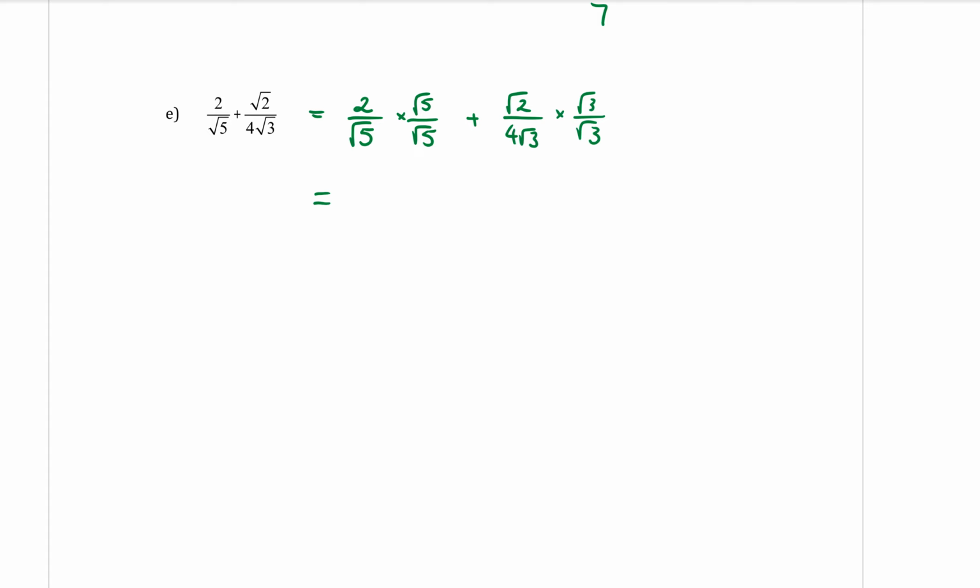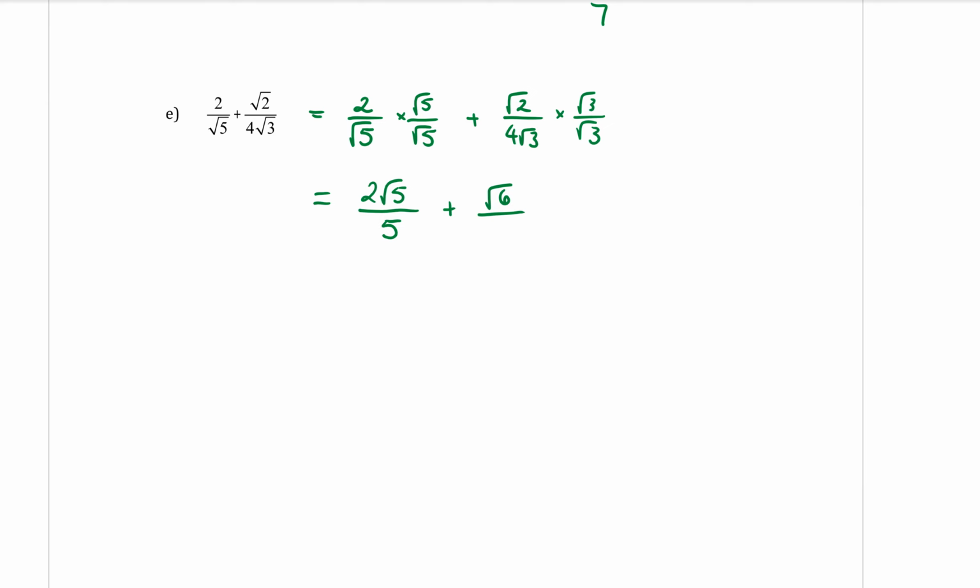Now, taking the first part, I'm going to multiply those fractions together. 2 times root 5 is 2 root 5. On the bottom, square root 5 times square root 5 just becomes a 5. Now, looking at the second half of the question, multiplying those fractions together, square root 2 times square root 3 is square root of 6, just multiplying the numbers underneath.